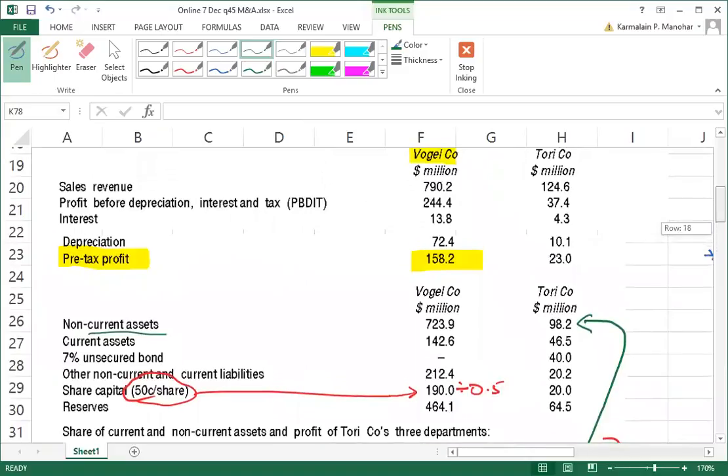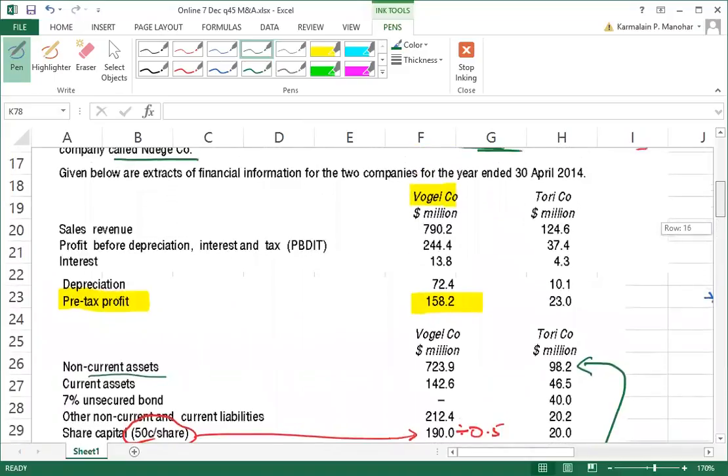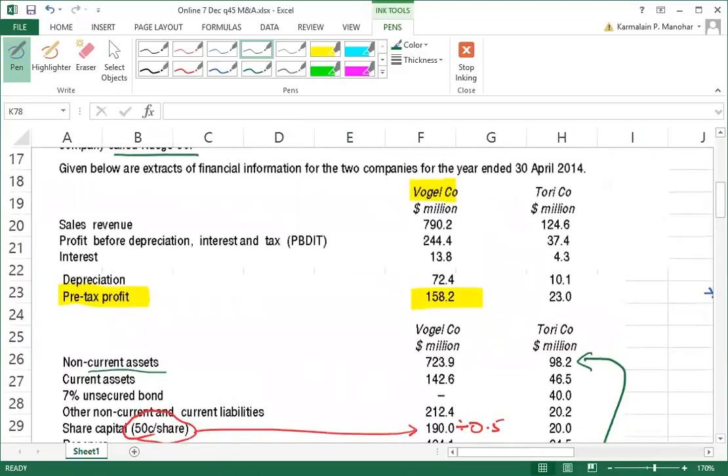What is this profit that we have? We have profits before tax. We have depreciation. We have interest. We have profits before depreciation, before interest, before tax.